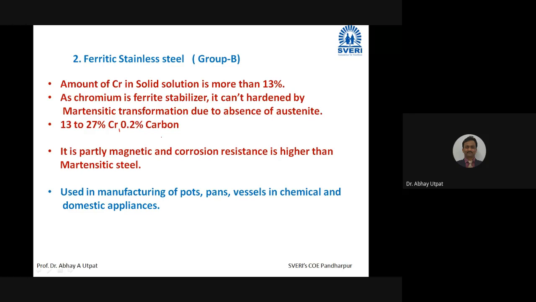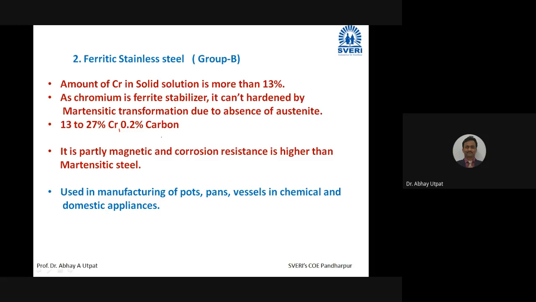But if you consider hardness, it is a little less than martensitic steels. And this steel is partly magnetic and corrosion resistance is higher than martensitic steel. If you check the corrosion resistance of the previous case, it is less, and this has higher corrosion resistance than martensitic stainless steel.